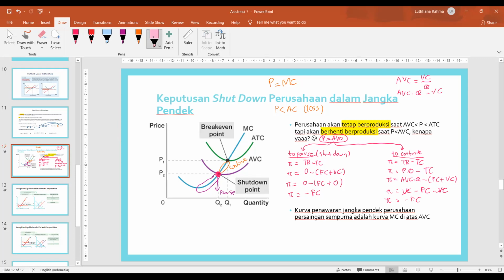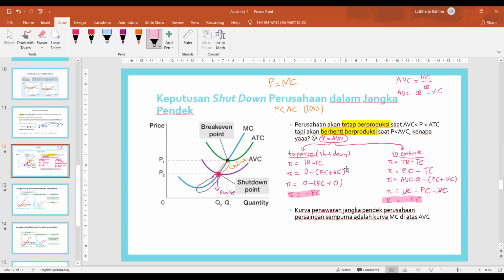So it turns out that the profit is the same, whether the producer would like to shut down or would like to continue the production. The profit would be equal, minus fixed cost. Or we could say that at both decisions, the firms will experience a loss as much as their fixed cost.